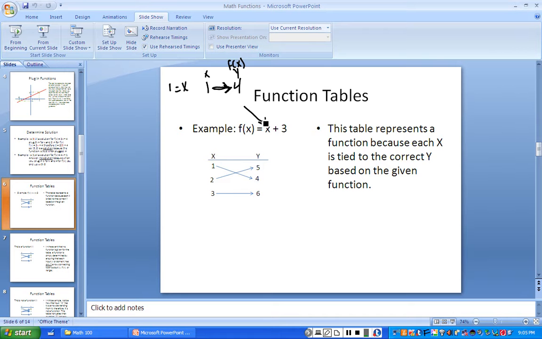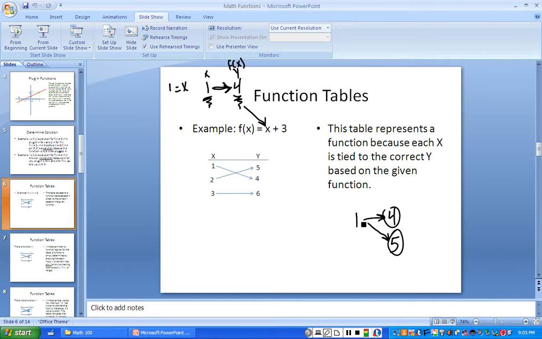Now, every time I plug in 1, the answer should always be 4. So it's impossible for me to plug in a 1 here and get the answer 4, then plug in 1 again, but now all of a sudden get a magical answer of 5, right? I can't plug in 1 and get 2 different answers.